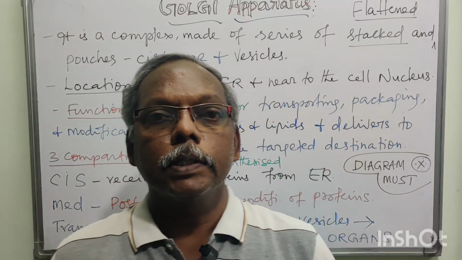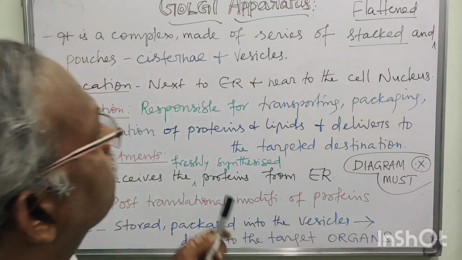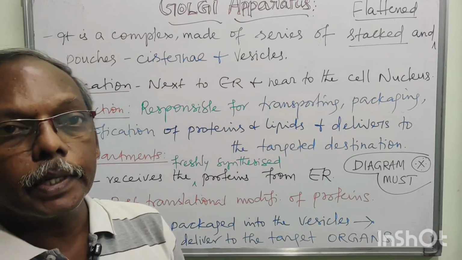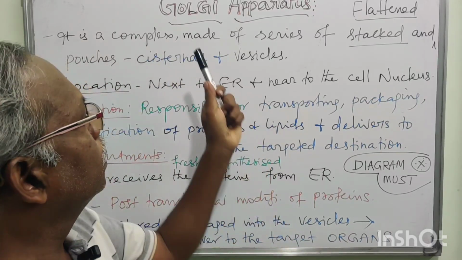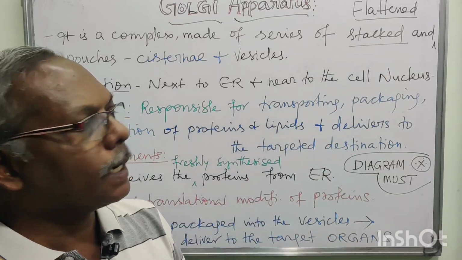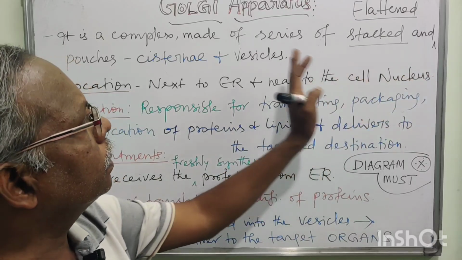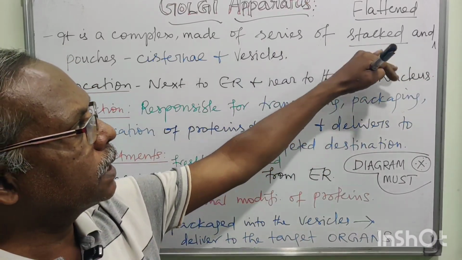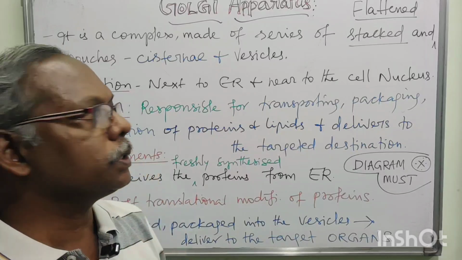Our next topic is the Golgi apparatus or Golgi complex, right? So the introduction point is, it is a complex made up of a series of stacked and flattened, these two words are very, very important, series of stacked and flattened small pouches.